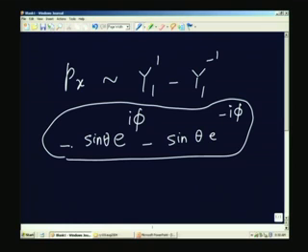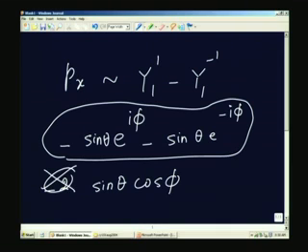So this gave you the quantity sine theta cos phi, leaving aside all the other things like minus 2, don't worry about it right now. Sine theta cos phi, and that, you know, in polar coordinates is like x.